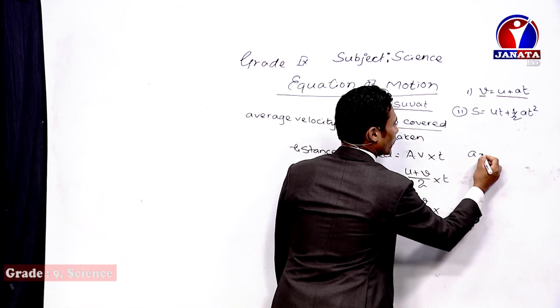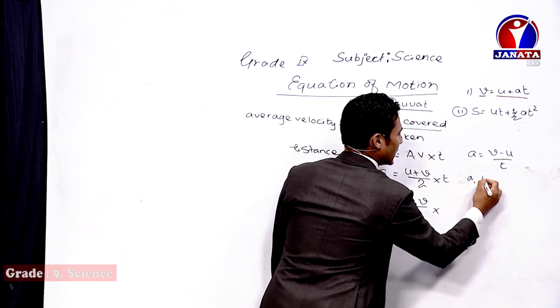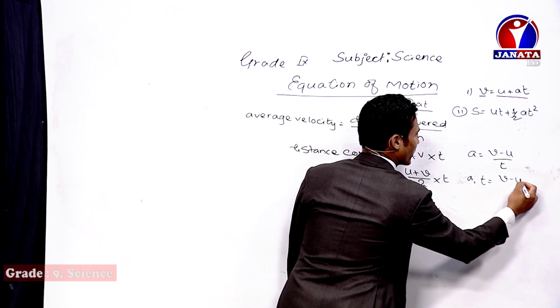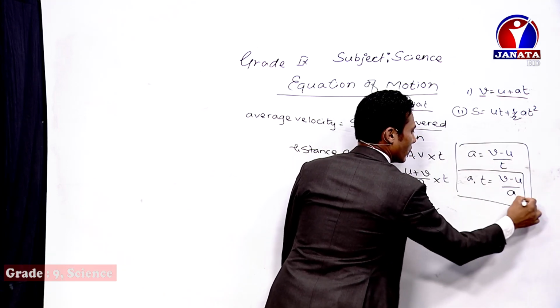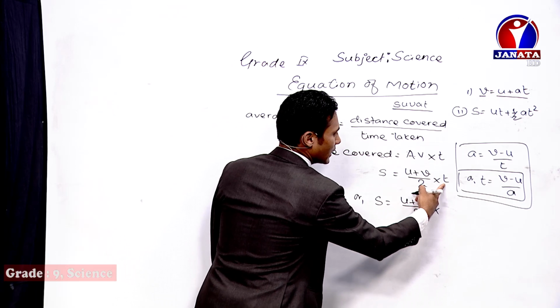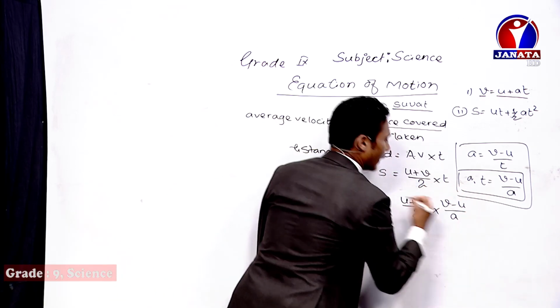Since a equals v minus u by t, that means t equals v minus u by a. Instead of time, we write v minus u by a.